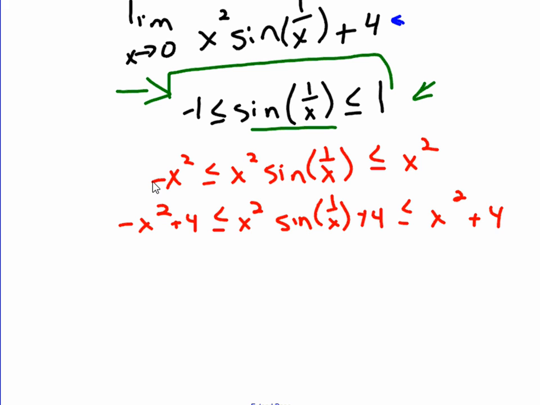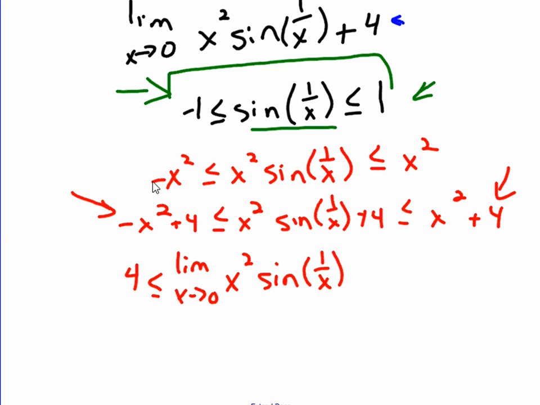So now we want to apply our limit as x approaches 0 to these two end pieces. Our limit as x approaches 0 of this guy, well, it's just a polynomial. We plug in 0 for x, and we get 4. Less than or equal to the limit as x approaches 0 of x squared sine 1 over x plus 4, less than or equal to, our limit of this guy over here is again going to be 0 squared, which is 0, plus 4, which is 4.